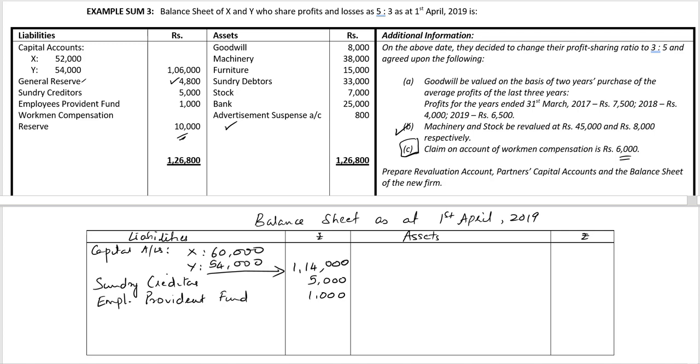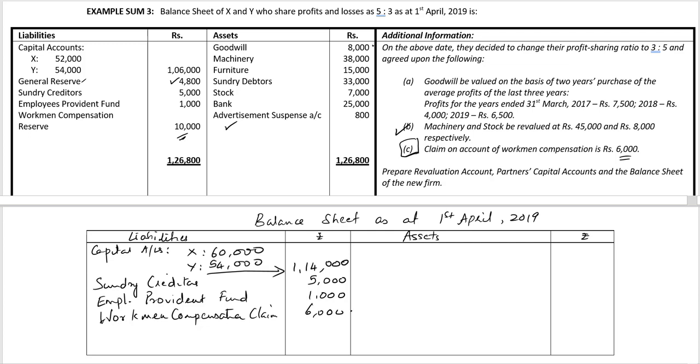The workmen's compensation reserve of 10,000. We have a claim of 6,000 and the balance 4,000 was distributed. So we'll write the workmen compensation claim 6,000 rupees.